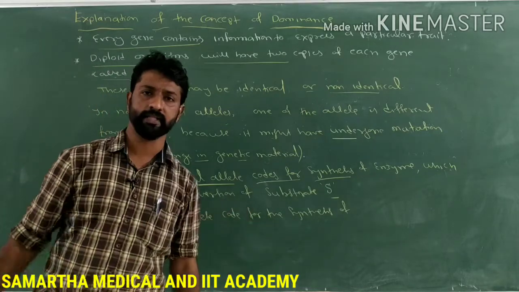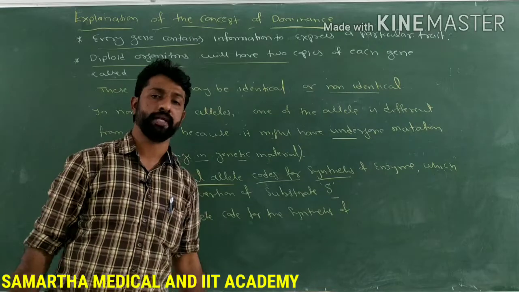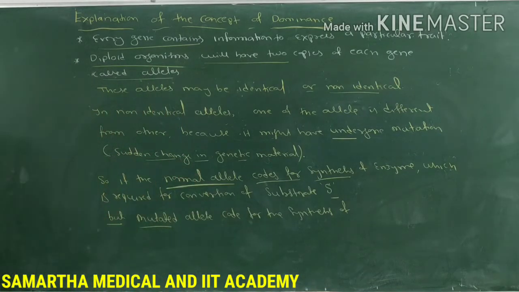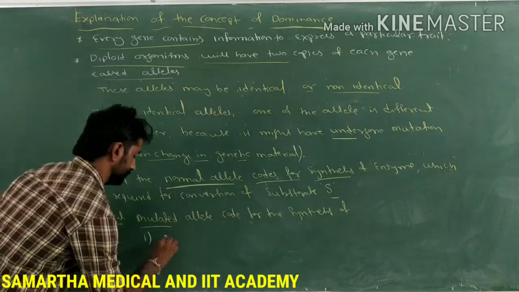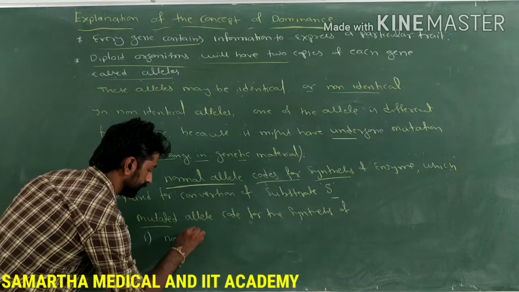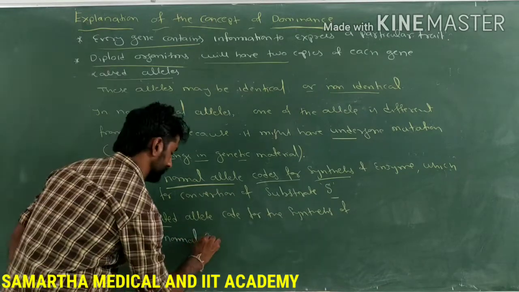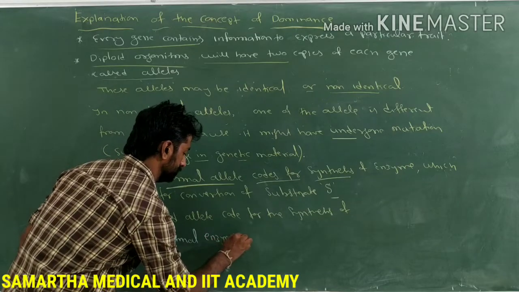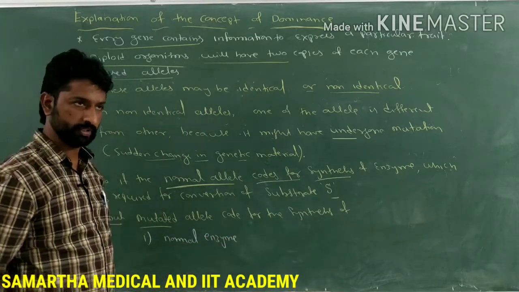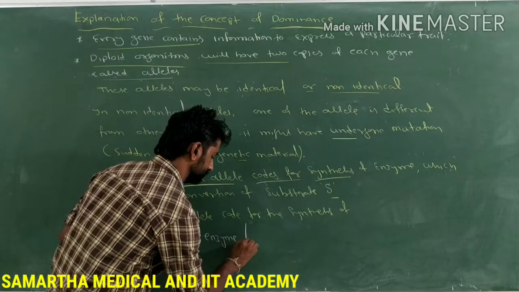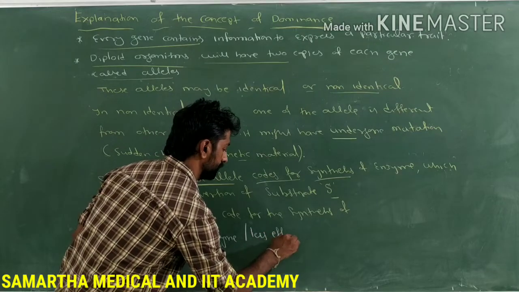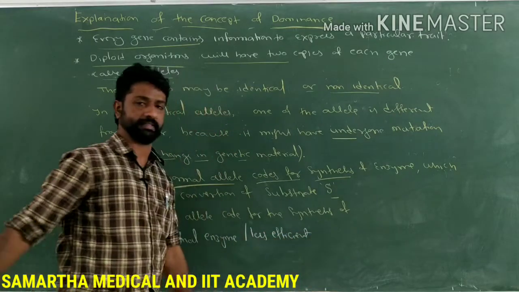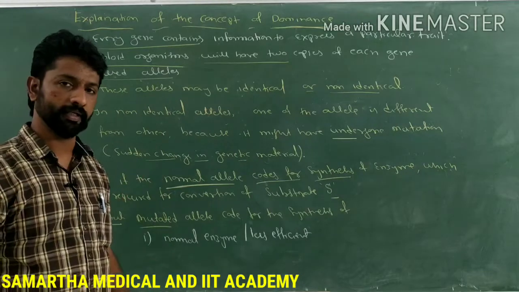So what are the possibilities of coding for the synthesis of enzyme from that mutated allele? The possibilities are as follows. One, it may code for the synthesis of normal enzyme, meaning even after the mutation it may code for the normal enzyme, or a less efficient normal enzyme, but its efficiency is less than the normal enzyme.